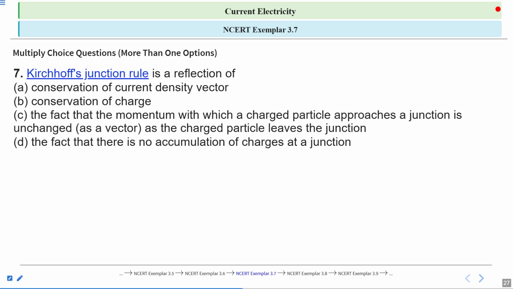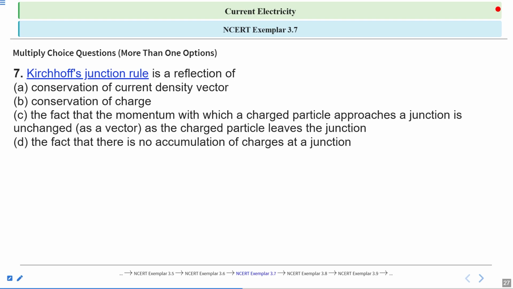So momentum before reaching the junction should be equal to momentum after crossing the junction. This is option C. And option D is the fact that there is no accumulation of charges at the junction.